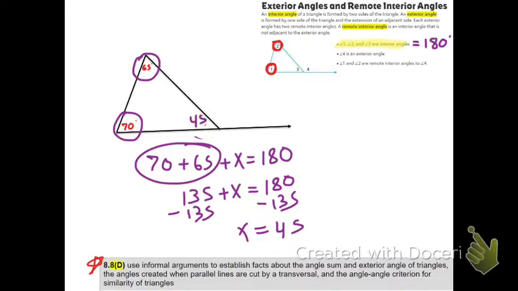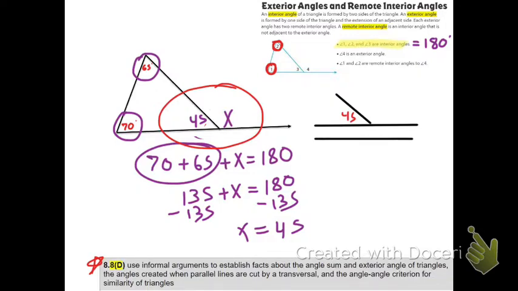But if we were to solve for this missing angle right there, there are two ways that we can go about doing that. I'm going to label that as x. If I just focus on this part right here, I'm going to break it apart like this. It makes it a little easier. We know that that is 45 degrees. And as we have already established previously, a straight angle, which is this right here, measures 180 degrees.